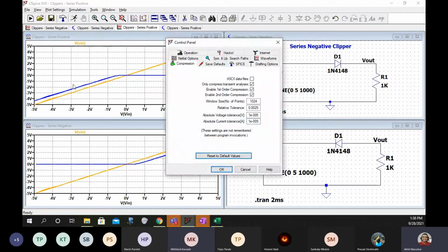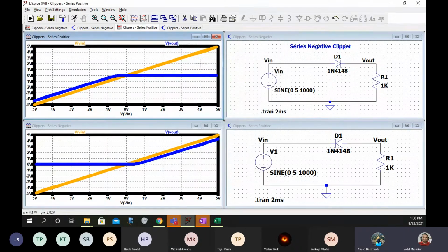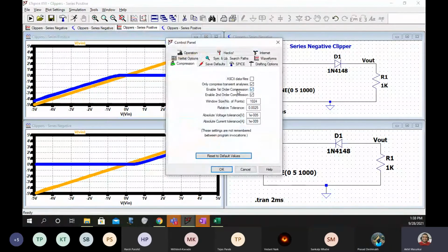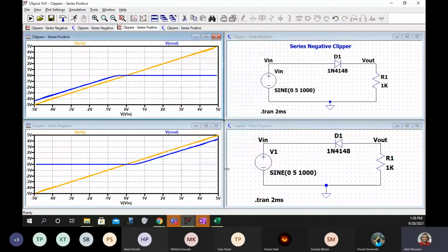So you can go to waveforms and here you can increase the data trace width. If you want this width to be like 10, you can. Yes, sir, I got it. But let us keep it as 3 or something, not too thick and not too light. 2 is enough.